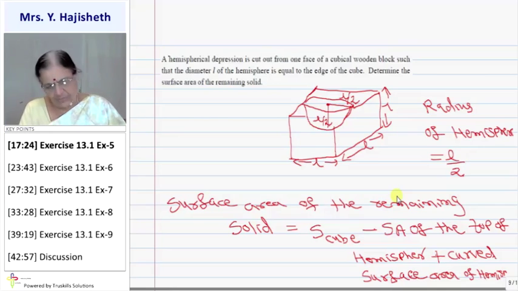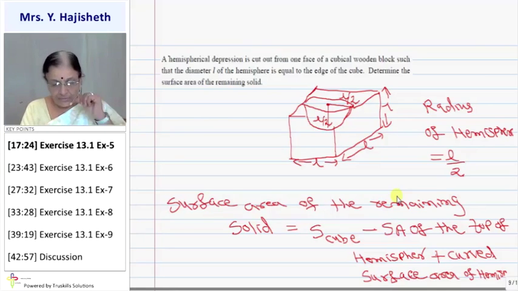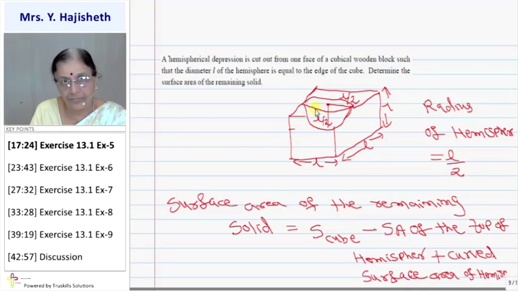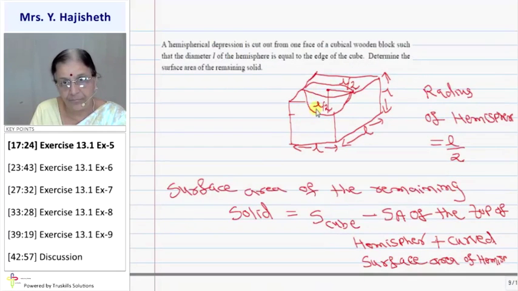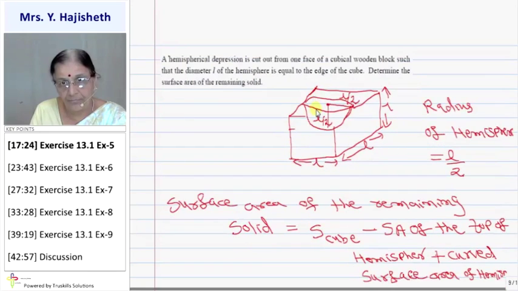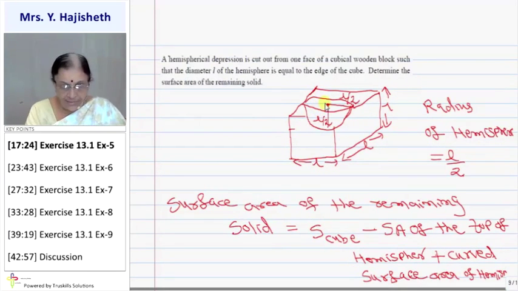Determine the surface area of the remaining solid. Here you are given the figure like this. A cuboid box is there and there is a depression.